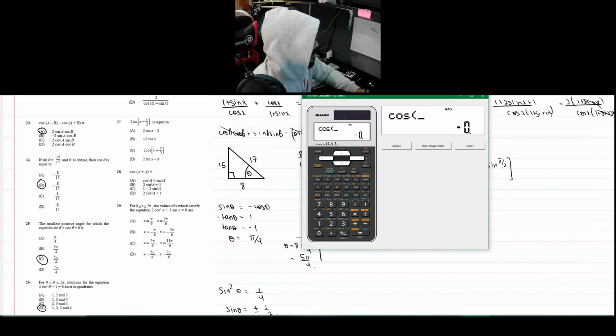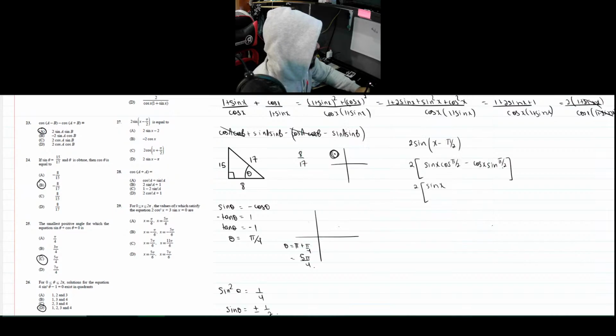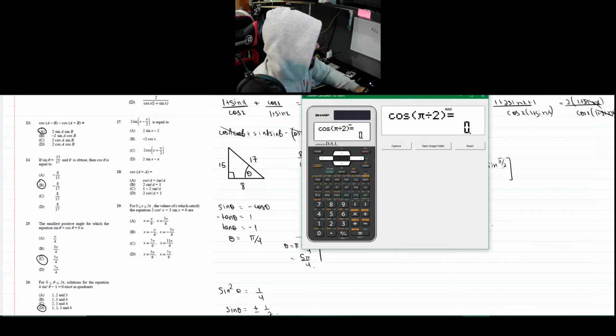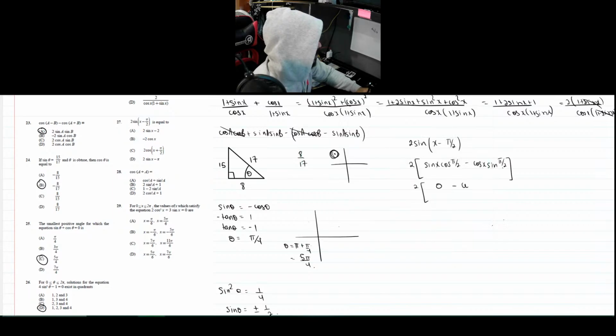Cosine of pi on 2, use your brackets please, 0, so this first thing turns out to be 0, minus sine of pi on 2, sine of pi on 2 is 1, minus cosine x, so this could be minus 2 cosine x.